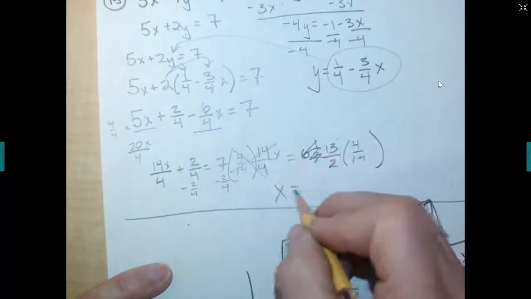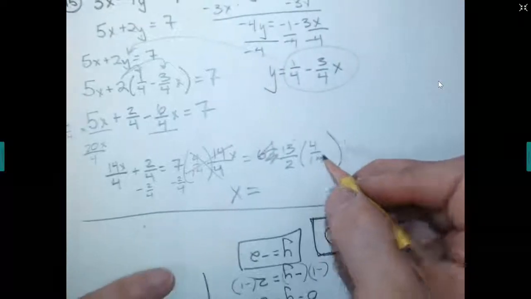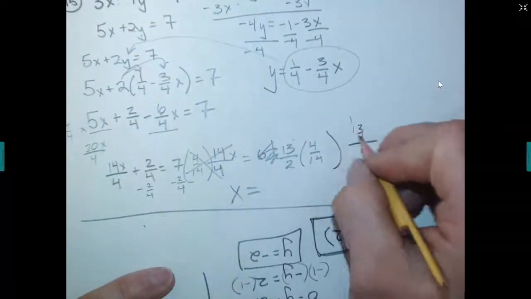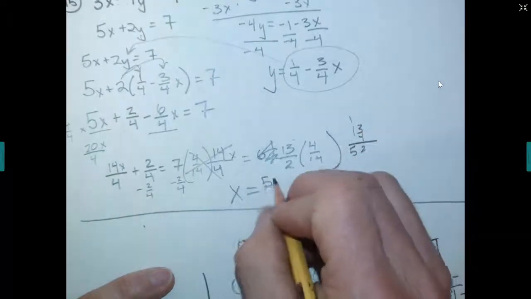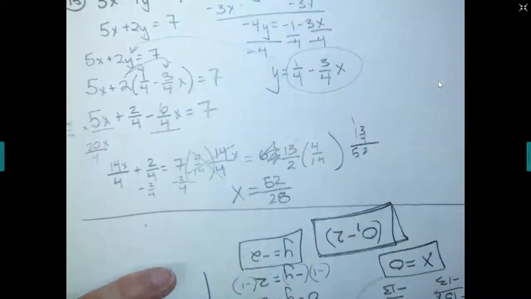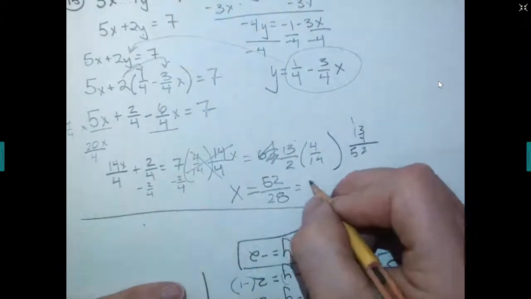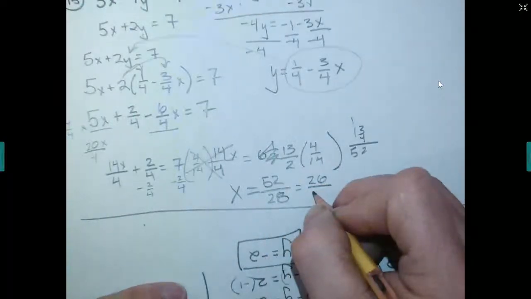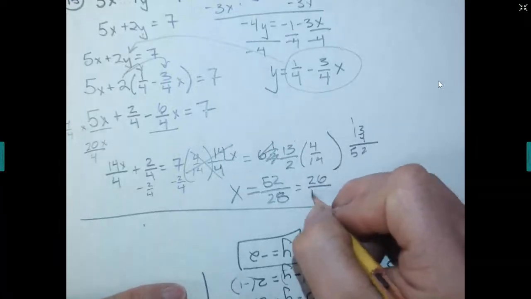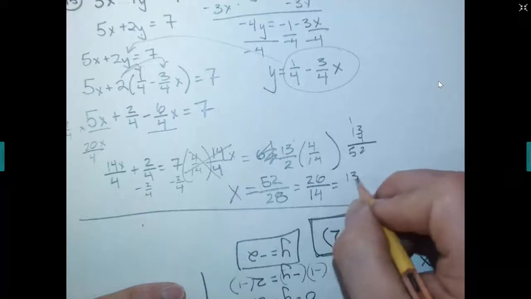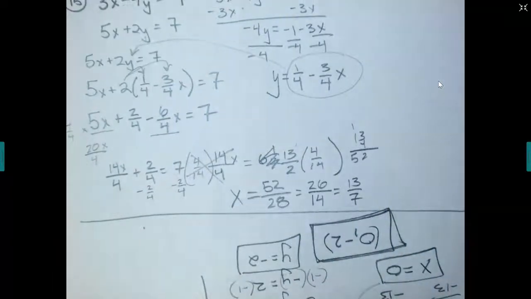So I have x equals 13 times 4 is 52 over 28. I can simplify that to 26 over 14, which can be simplified to divide both sides by 2, 13/7.